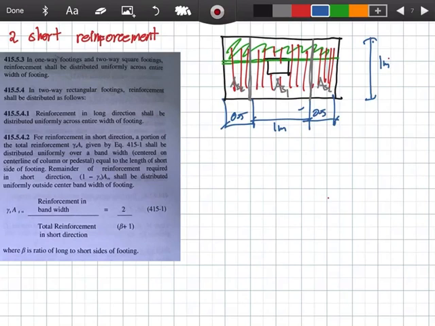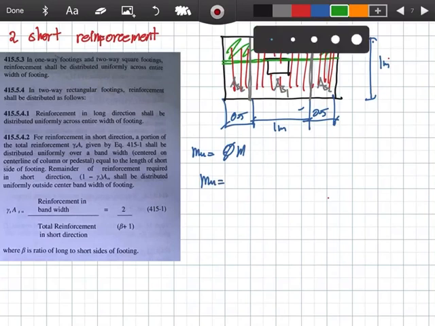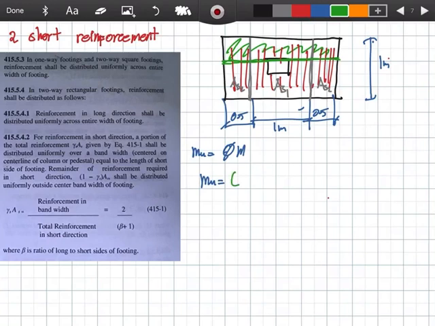Okay, so, before natin makukuha yung As na yan, first kunin muna natin yung ating Mu. Mu equate natin sa ating phi Mn. So, ang Mu natin ay, saan ang critical ulit? Dito sa face of the column, diba? So, mag-moment tayo dyan. Ano yung ating Q?